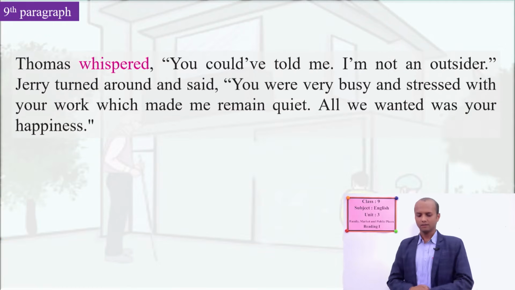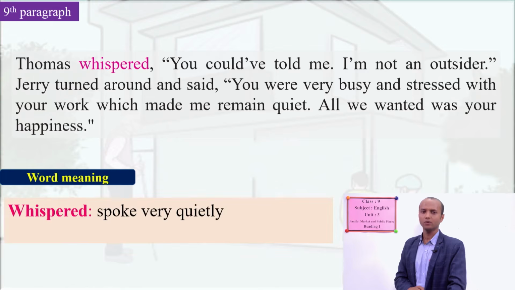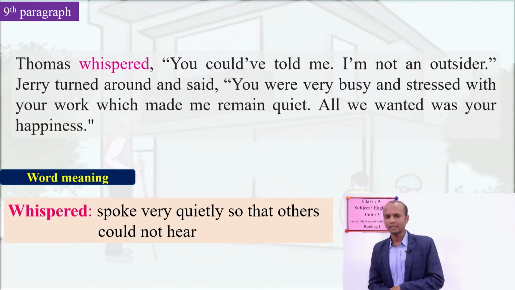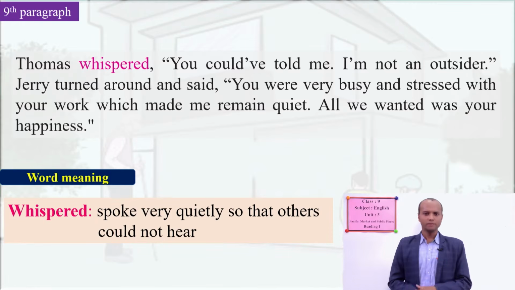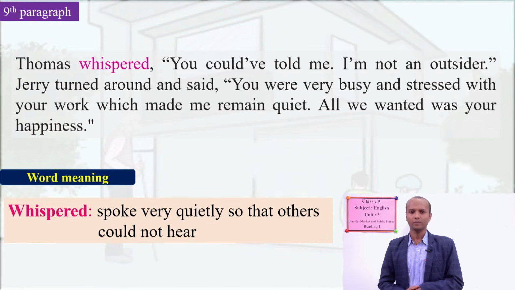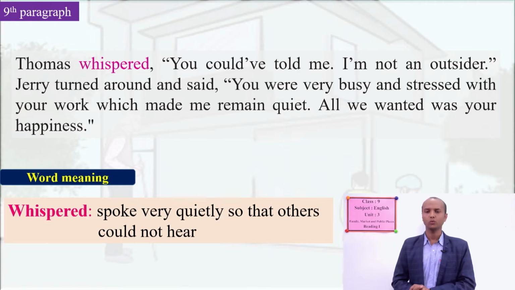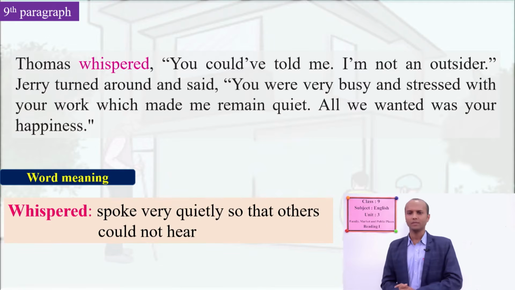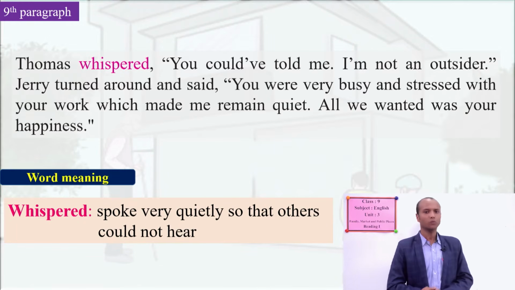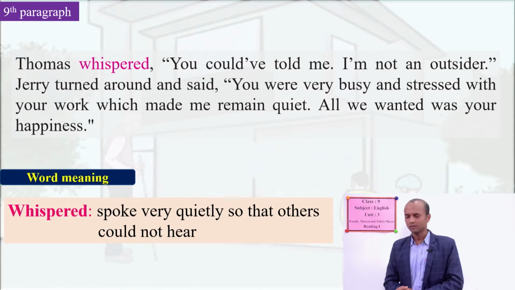Let's see the second last paragraph, that is the 9th one, and the word highlighted is whisper. So let me read it out for you. Thomas whispered, "You could have told me, I'm not an outsider." Jerry turned around and said, "You were very busy and stressed with your work, which made me remain quiet.